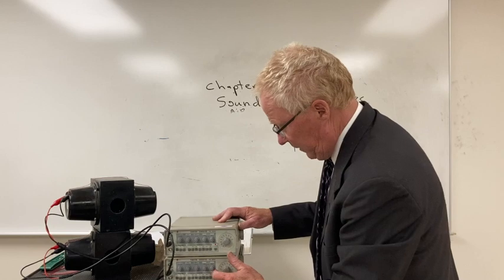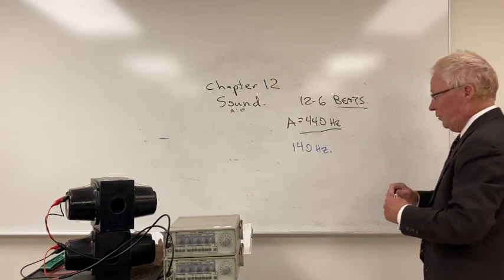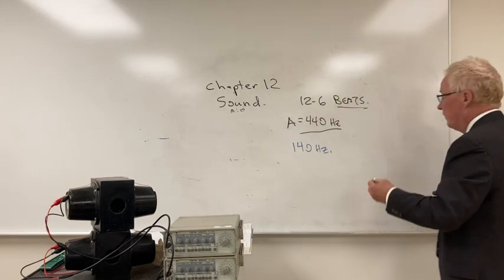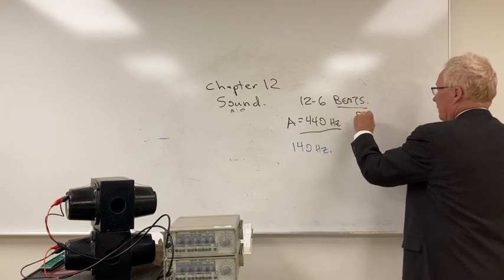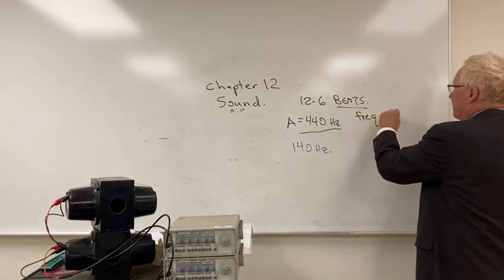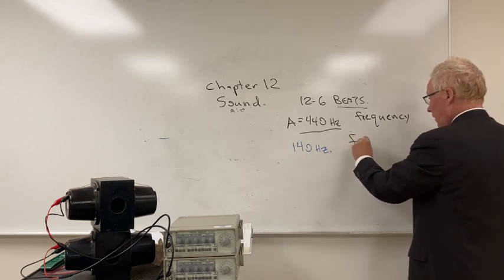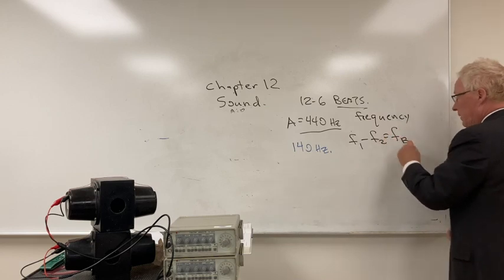All right, enough of that. And so what we hear is this louder and softer sound, and this beat frequency is given by F1 minus F2 is the beat frequency.